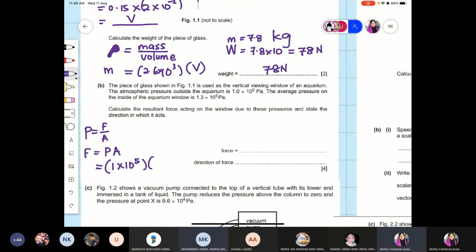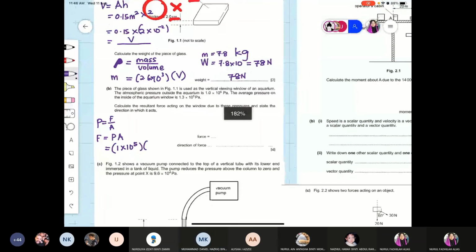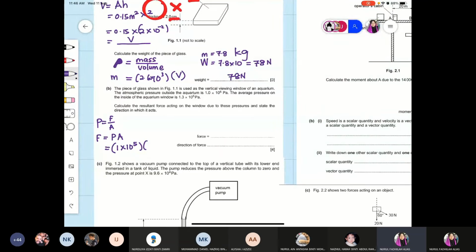Area kita dah kira kat atas tadi kan? Tadi area berapa kat atas tadi? 0.15. Area 0.15 meter squared. Okay, so dapatlah force equals to 4.5 times 10 to the power of 3 Newton.